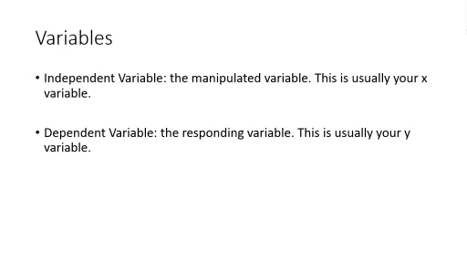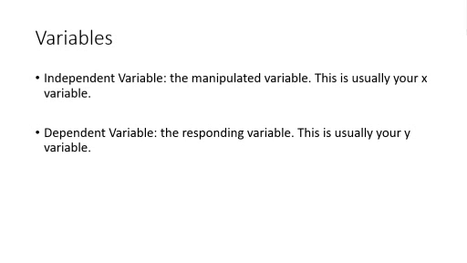Your dependent variable, which is also your responding variable, is usually your y variable, so it's the one going up and down. If I'm dropping something off a roof at different heights, the heights would be your independent variable. If I drop it at 6 feet, 8 feet, 12 feet, 18 feet, those are independent because those are set.